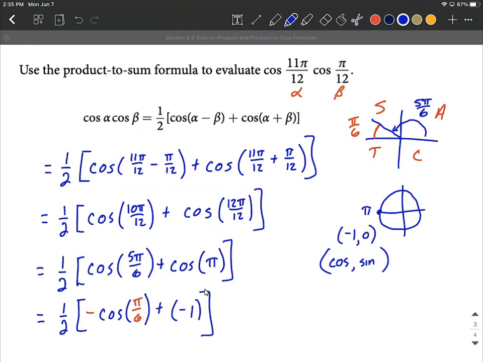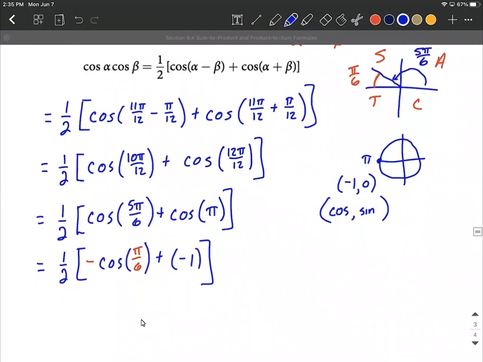All right, the remaining business that we still need to do here is we can do a little bit more simplifying. Cosine of pi over 6 should be one of these values we know at this point. Very nice angle. So we can rewrite this as 1/2 multiplied by negative of cosine of pi over 6, which should be square root of 3 over 2, and I'll go ahead and say -1, bring this -1 down.